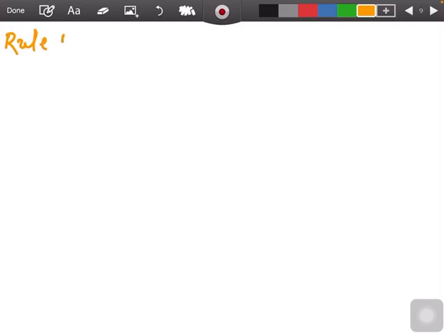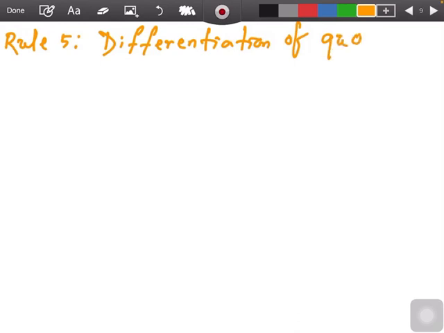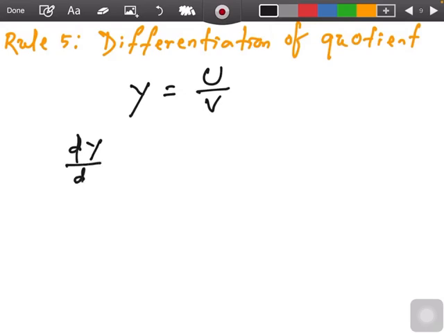Rule 5, that is differentiation of a quotient. क्वेश्चन फॉर्म में, रेशियो फॉर्म में अगर एक्सप्रेशन है, जैसे y इज इक्वल टू u बाई v फॉर्म में है, देन इसका डेरिवेटिव कैसे फाइंड करेंगे? dy by dx. This is the last rule we will be reading today.